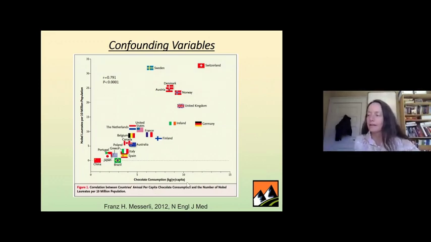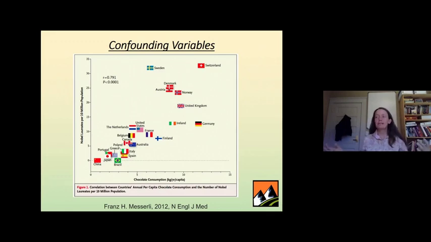On the x-axis, we have chocolate consumption of these countries in kilograms per year per capita. And on the y-axis, we have the number of Nobel laureates per 10 million in population. So we see as chocolate consumption increases, the Nobel laureates is increasing.